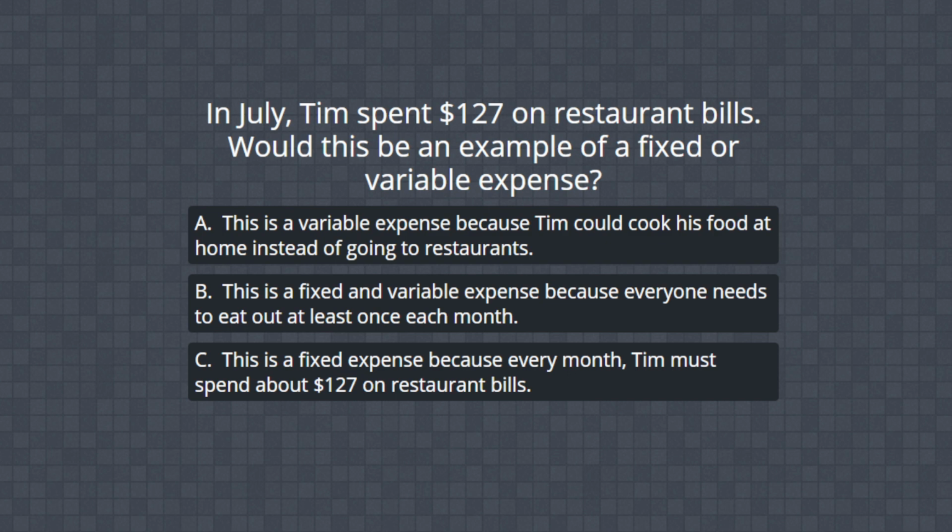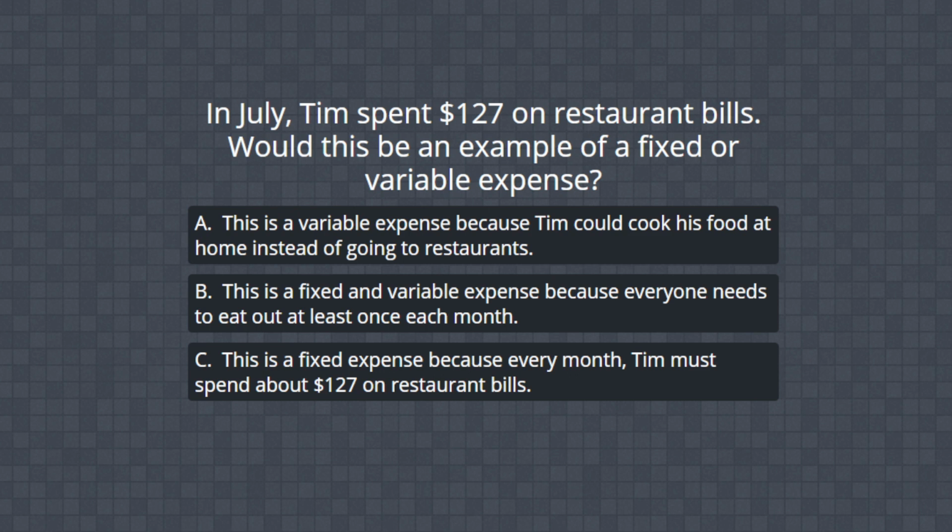Well, I think A is the best answer because it said this is a variable expense because Tim could cook his food at home instead of going to a restaurant. Yes, Tim could definitely cook at home, because at a restaurant there is a lot of fancy food and you have to pay a lot of money for that.